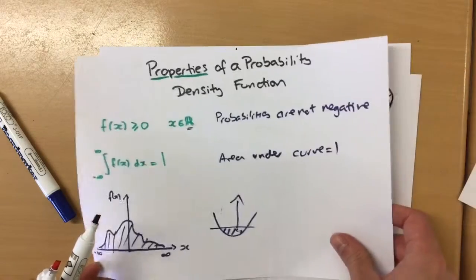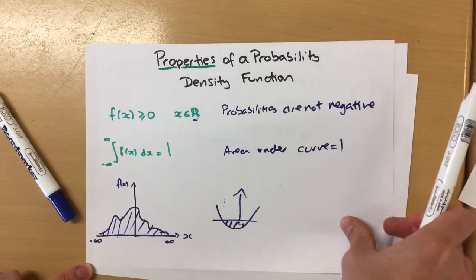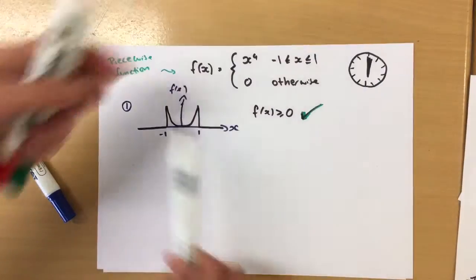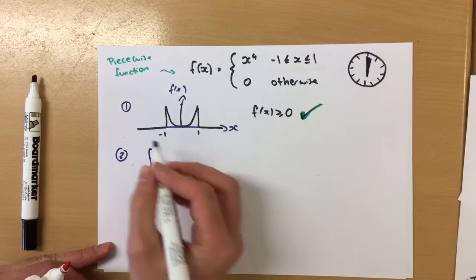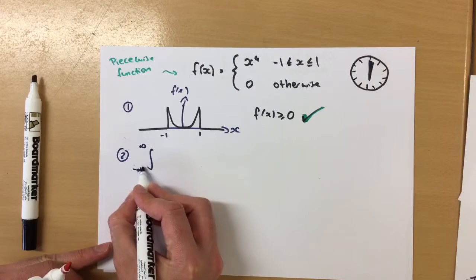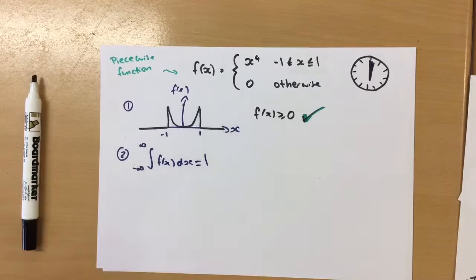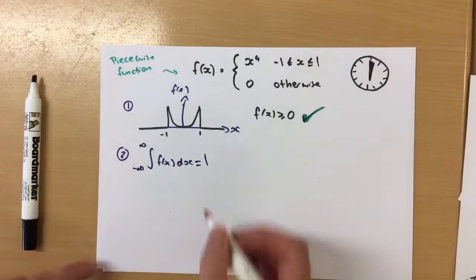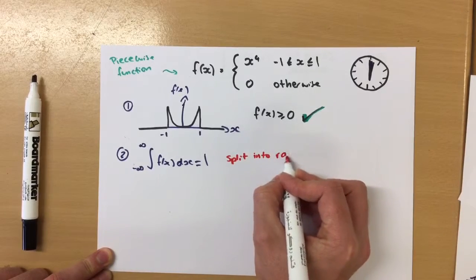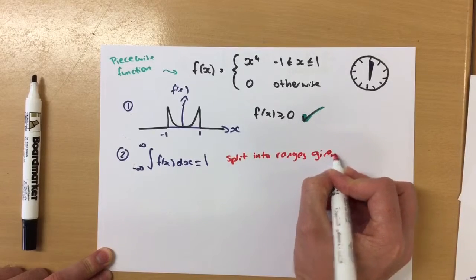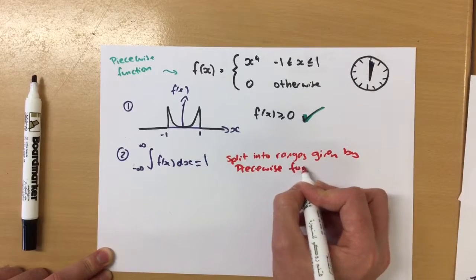Next, the second property is that the area equals 1. That is going to be a lot of fun. We need to check that the area under the graph between minus infinity and infinity is going to be 1. To do this, we need to split this into the ranges given by the piecewise function.